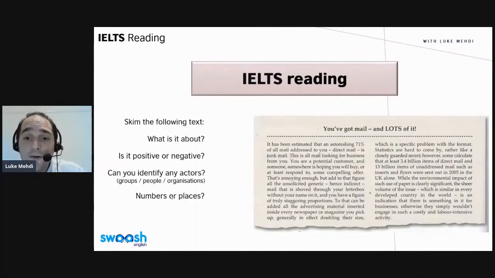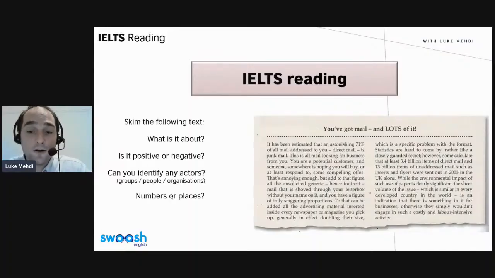That's annoying enough, but add to that figure the unsolicited generic or indirect mail that comes through your letterbox. You have a figure of staggering proportions. Okay, you receive a lot of mail, lots of it is junk mail. So that can be added all the advertising material that's in every newspaper and magazine, in effect doubling their size.